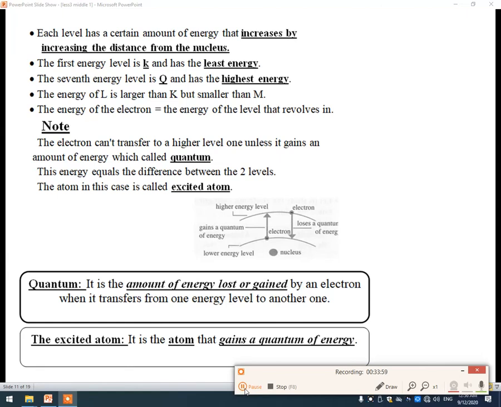I need to move to the energy level which has 10 joules. Can I do it? No, I can't transfer to a higher level. Why? Because your energy is very small. You must gain energy. This energy is called quantum.